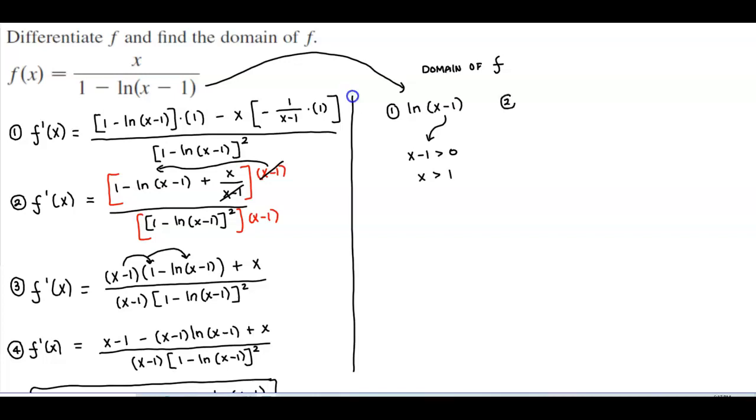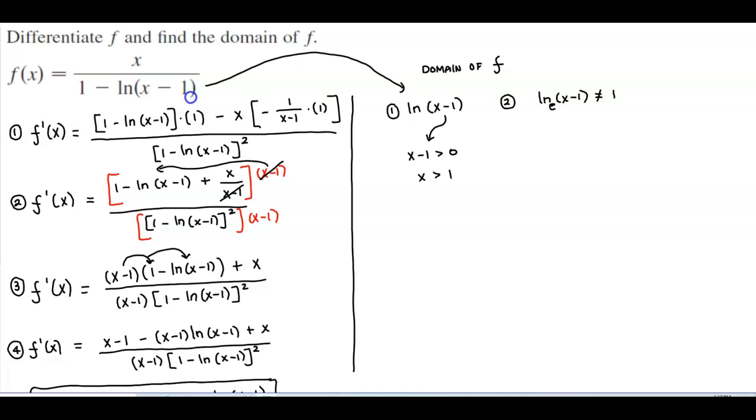Okay, and then also, if you take a look at the denominator here, if this becomes 1, that becomes 1 minus 1, which is 0. So we cannot let this logarithm, the natural log of x minus 1, equal 1. So now we can rewrite this in exponential form.